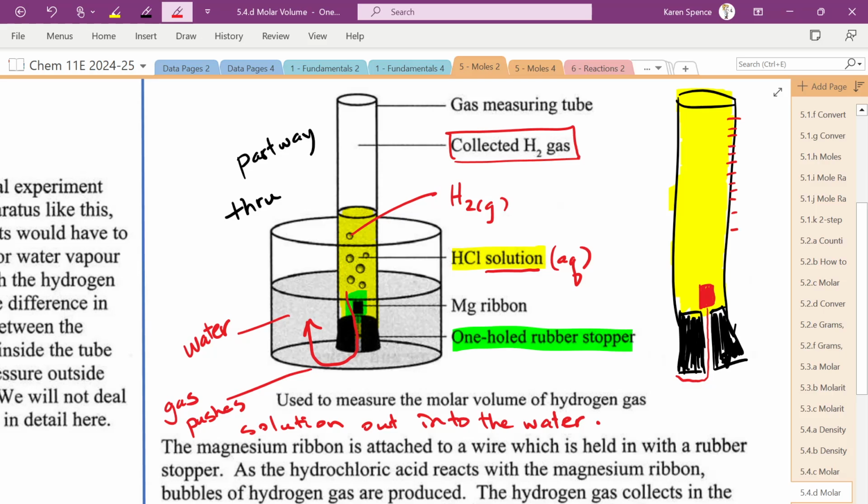Now, another thing that you can do, once you've done that and you've been like, ooh, ah, exciting, let's see if this actually works. You can let out a little bit, and then you can lift this up and down and see if the volume changes inside.